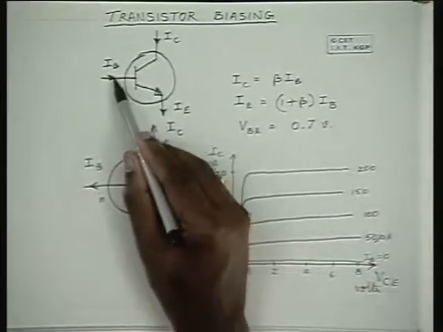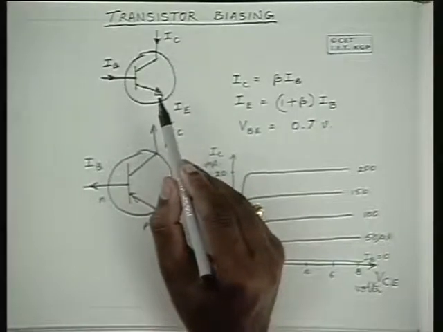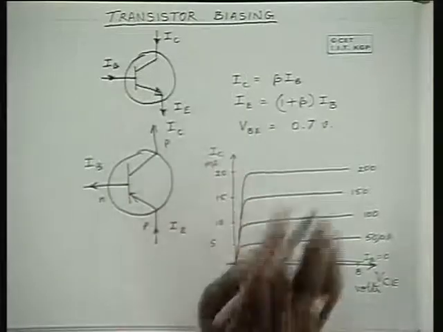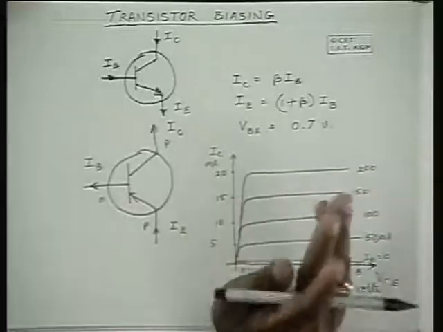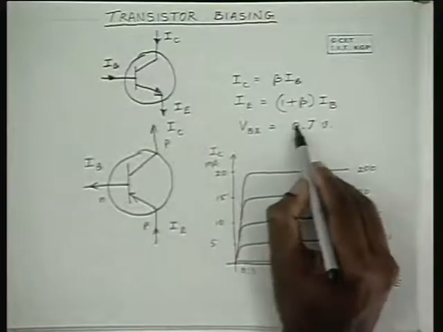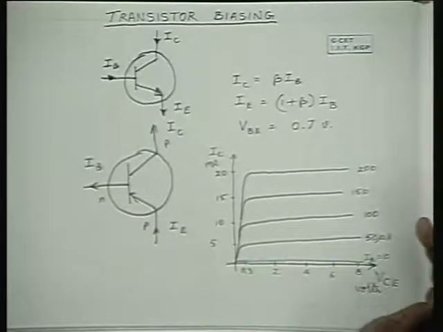And for normal operation, at typical voltage and current, like a base current of the order of 100 microamperes and a collector current of the order of 5 to 10 milliamperes, the base to emitter potential is approximately 0.7 volts. It may be between 0.6 and 0.7 volts depending on the current.